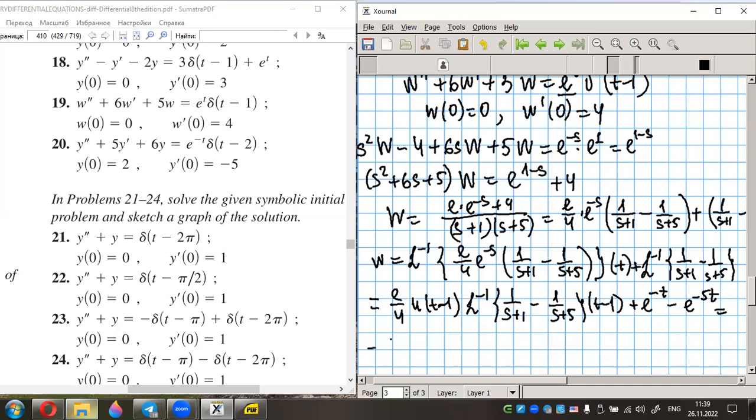And the answer is e over 4 u(t minus 1) times (e to the minus (t minus 1) minus e to the minus 5(t minus 1)) plus e to the minus t minus e to the minus 5t.